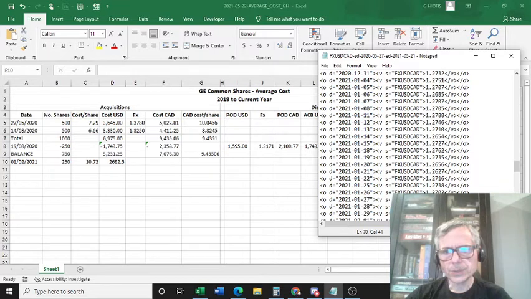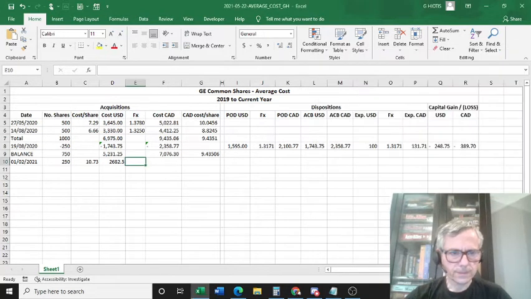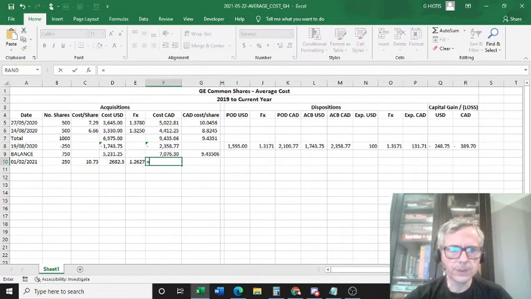The exchange rate now is $1.2627. We can copy paste it into the Excel sheet right there. And now we'll just say this multiplied by the exchange rate.